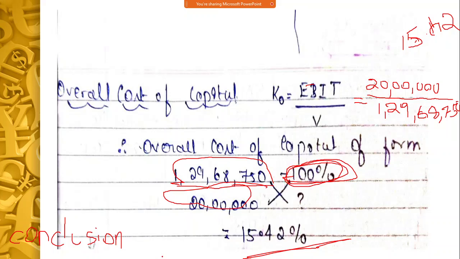And again, after conclusion, you can give a note wherein which you tell that according to the assumptions, the corporate tax has not been considered under net income approach. So thereby we conclude the problem.